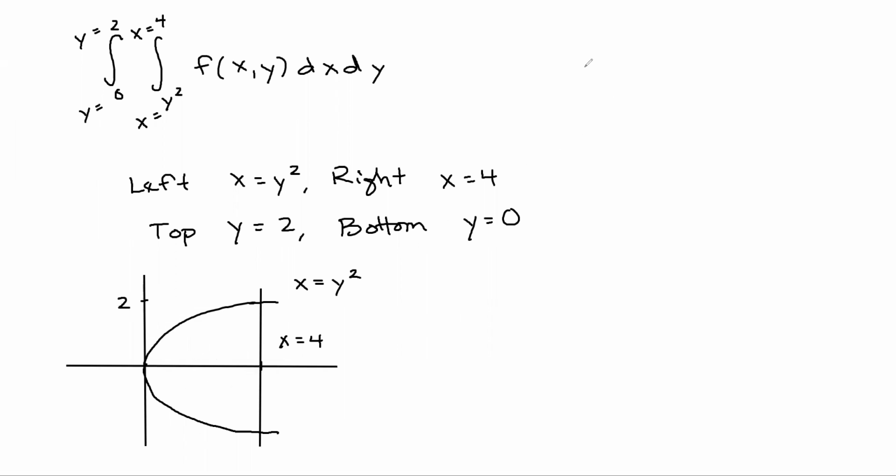Maybe we should have used some red in here. So it's cut off here at y equals 0, and we can color in the object. It's not the bottom part, it's just the top part. We label that: y equals 0, x equals y squared, and x equals 4. So that's our object.